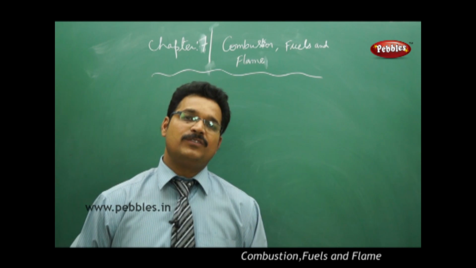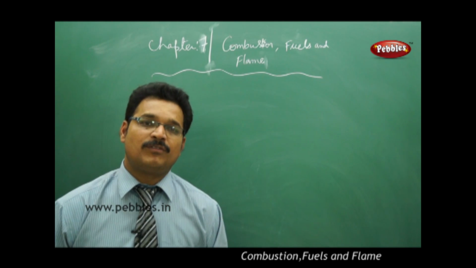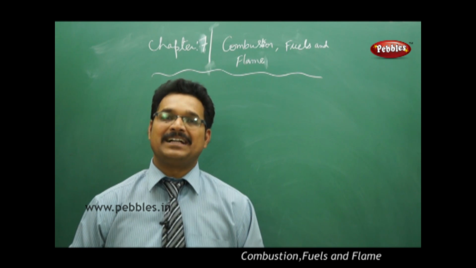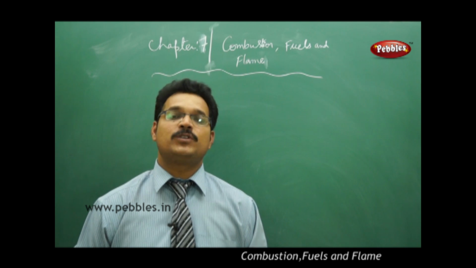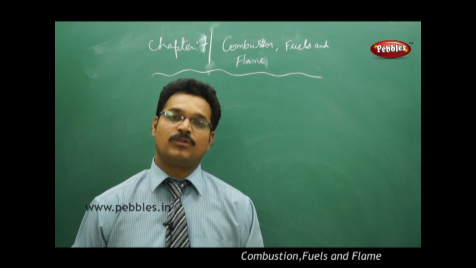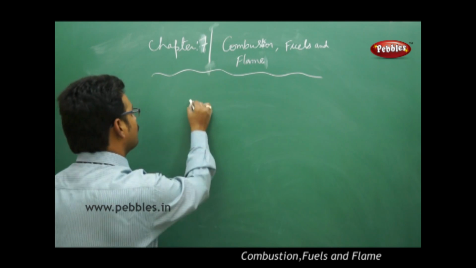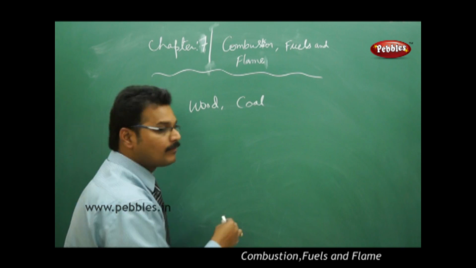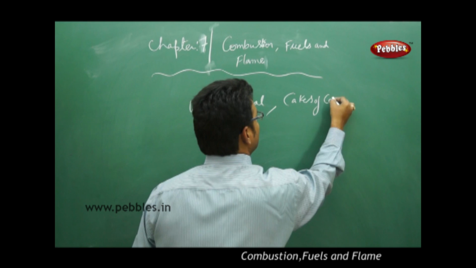Now if you see the different types of fuels available in different areas, especially if you go to the village side, you get different types of fuels in rural areas. You will get wood, coal, cakes of cow dung.